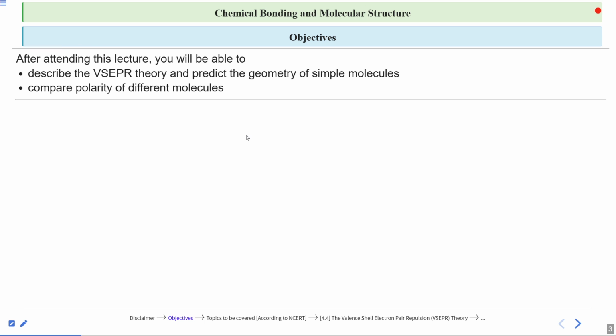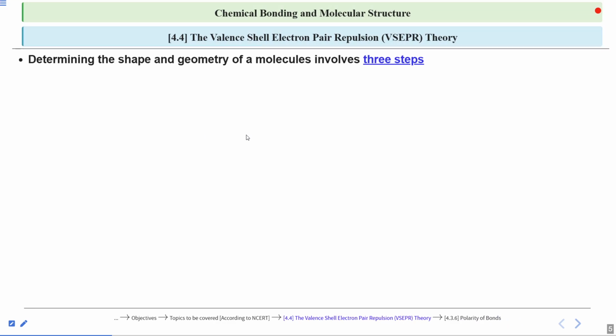But after covering this lecture, we will be able to determine the structure and therefore we can compare the polarities. Okay. So with this, let us move on to the VSEPR theory and see how we can predict the shape and geometry of a molecule.